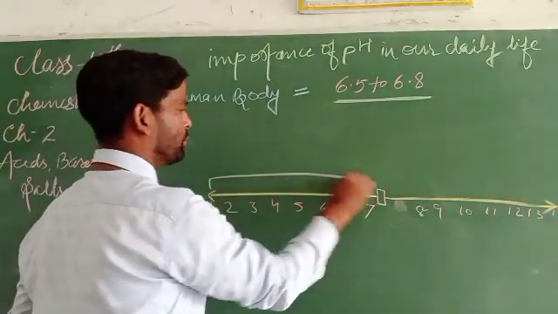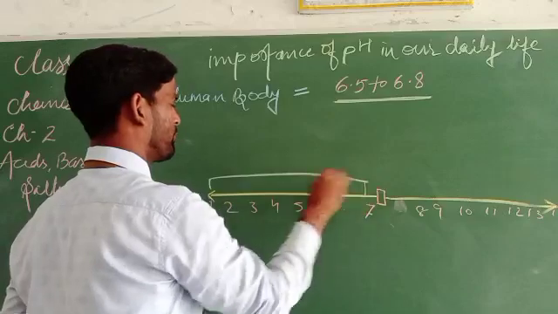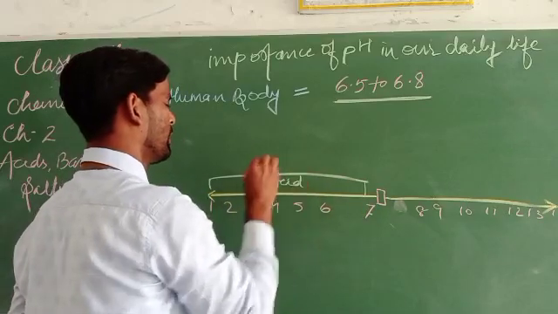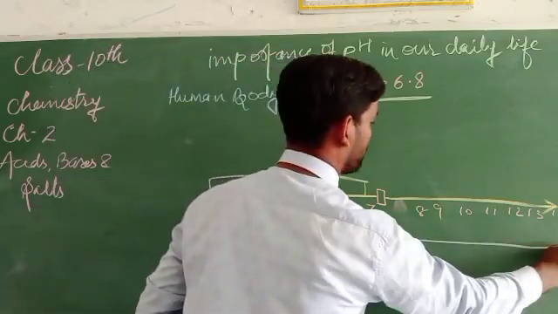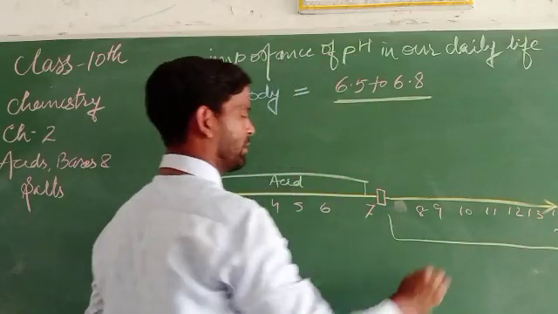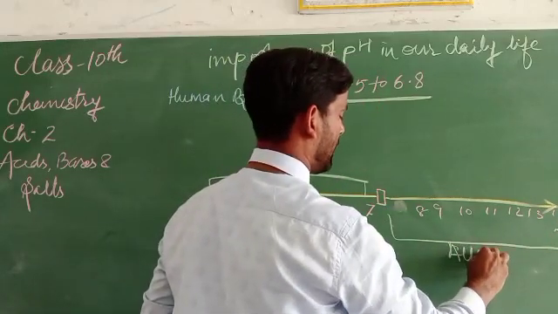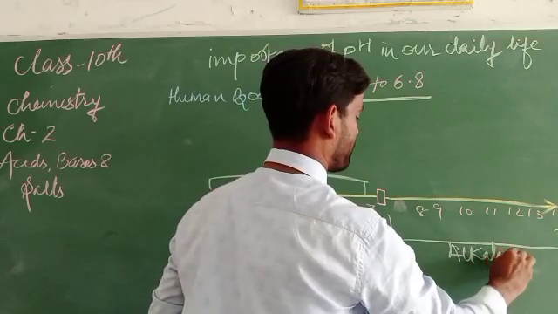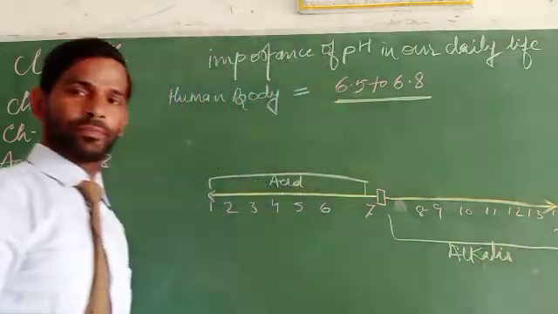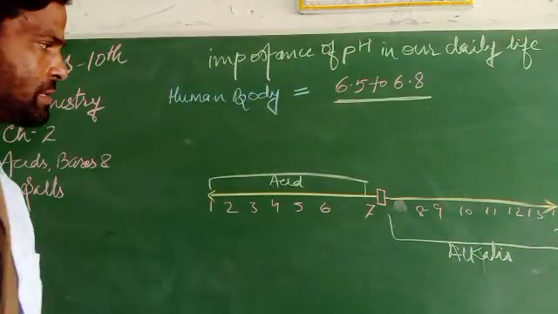So from 1 to 7 it is acid, and from 7 to 14 it is alkaline.